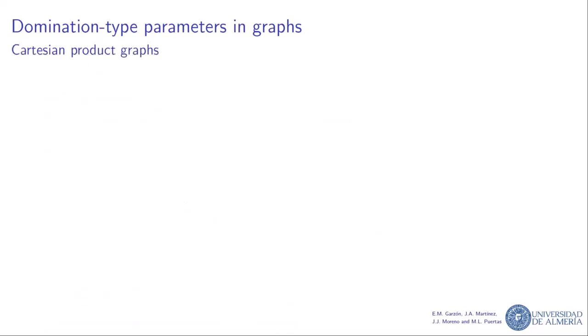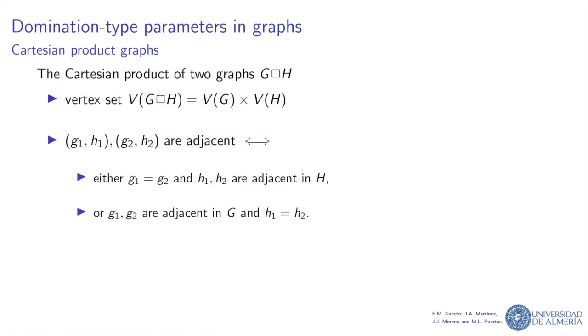And now the Cartesian product graph. The Cartesian product is a typical graph operation. If you have 2 graphs, H and G, the Cartesian product of them is a new graph with vertex set the Cartesian product of both vertex sets, and such that 2 vertices are adjacent if and only if the first coordinates are equal and the second ones are adjacent in H, or the first coordinates are adjacent in G and the second ones are equal.